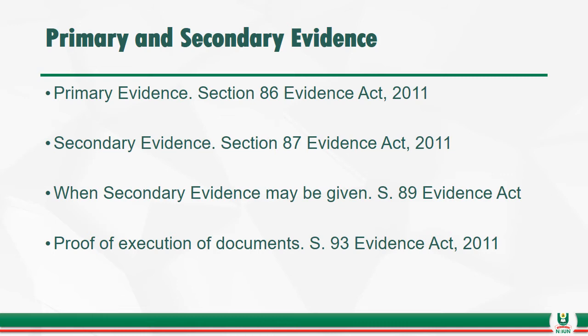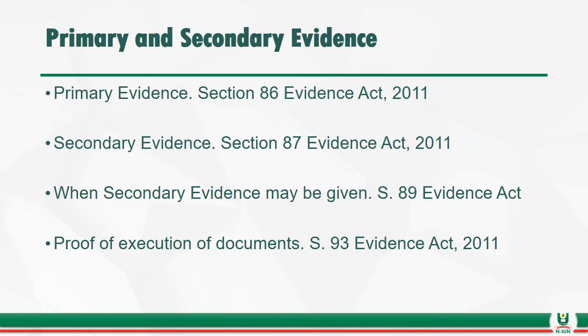And by subsection 4 of that section 86, it says where a number of documents have been made by a uniform process, as in the case of printing, lithography, photography, computer or other electronic or mechanical process, each shall be primary evidence of the contents of the rest. But where they are all copies of a common origin, they shall not be primary evidence of the contents of the original.